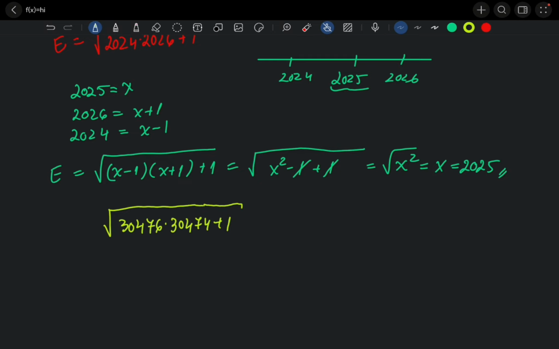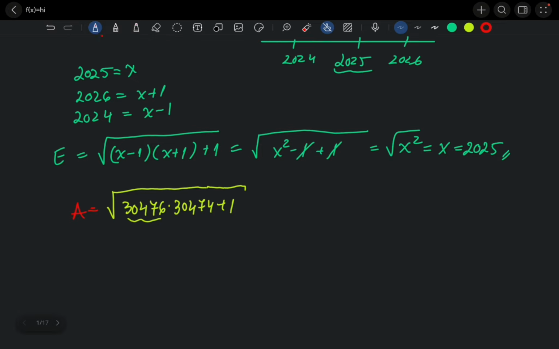So let's call, for example, 30,476, the first term, being equal to x. Let's call this expression equal to a, and we said that 30,476 was equal to x. In this case, that means that 30,474 will be equal to x minus 2.